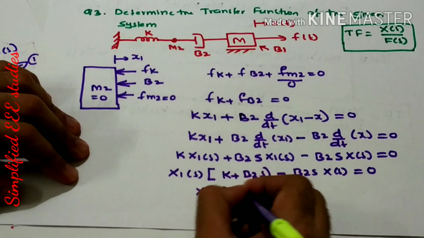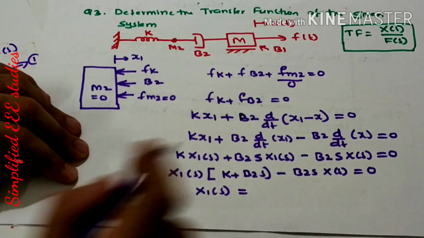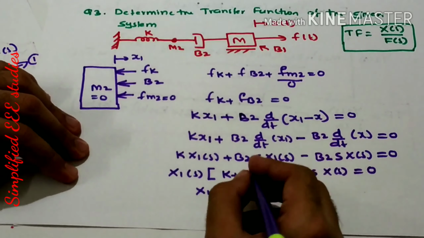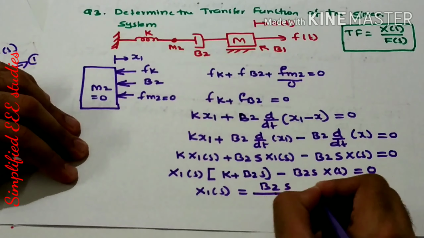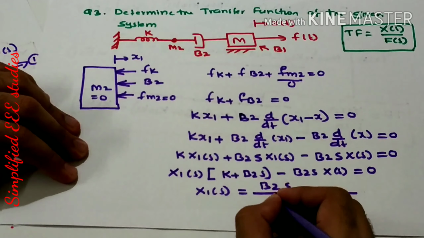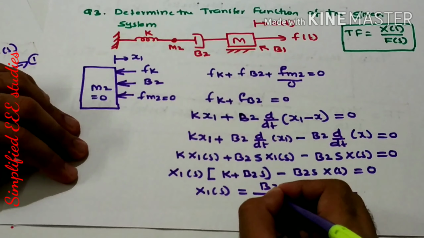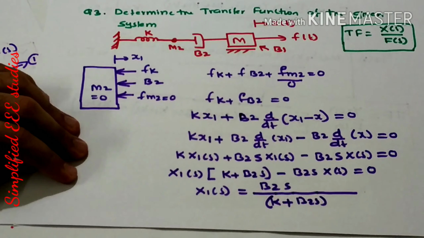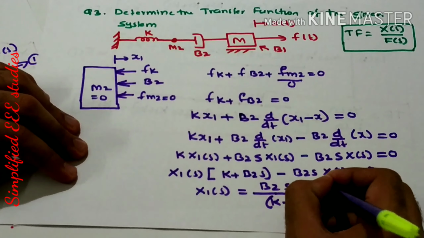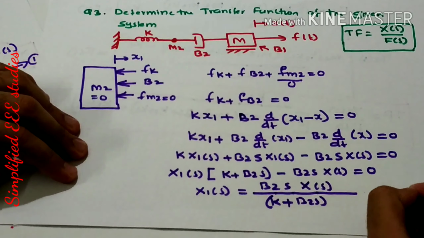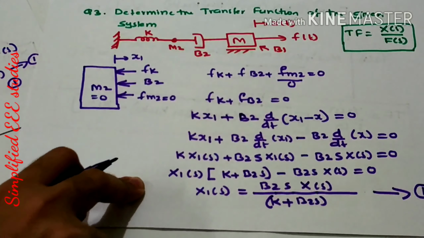X1 of s can be written as b2s whole divided by k plus b2s into x of s. So please call this one as equation number 1.